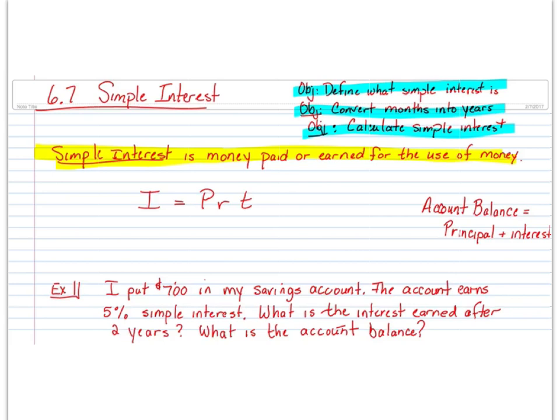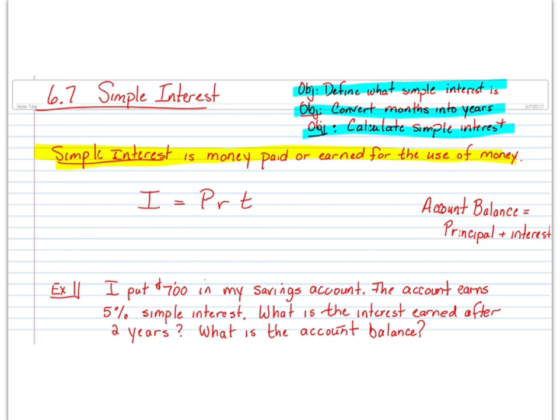Good morning. Today we are going to be talking about 6.7 simple interest. If you ever put your money into the bank or if you borrow money, sometimes they charge you what's called simple interest. Simple interest is money paid or earned for the use of money.